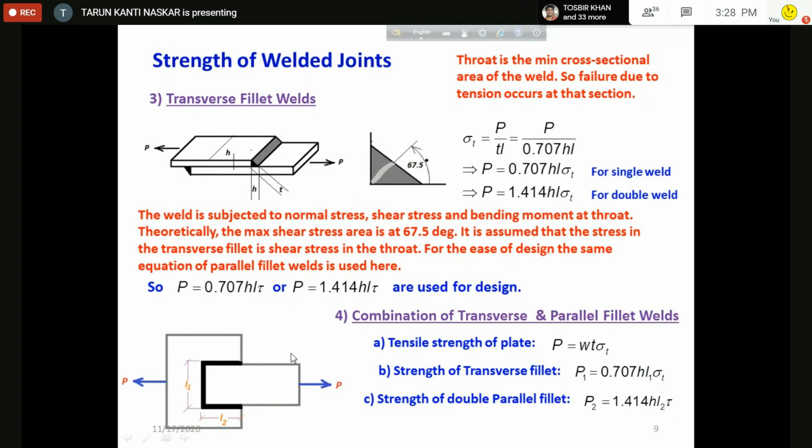So the design equation will be P equal to P1 plus P2. From this equation, we find out the necessary values. So this will be the design equation for the transverse fillet weld.